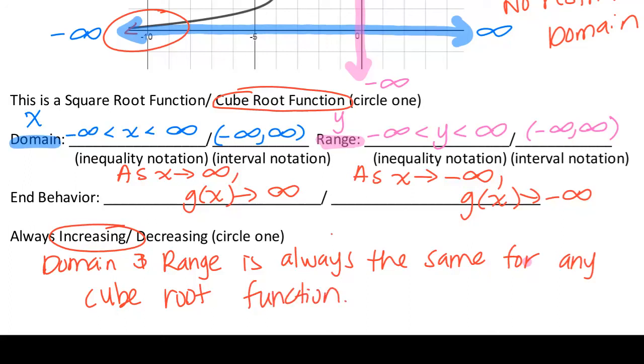Okay, it's always going to be from negative infinity to positive infinity, both for the domain and for the range for any cube root, because there is no restriction. The only thing that's going to change really is the end behaviors and the increasing decreasing part.